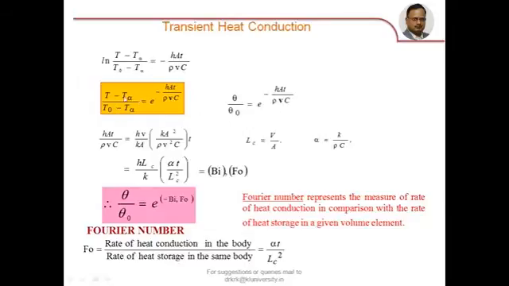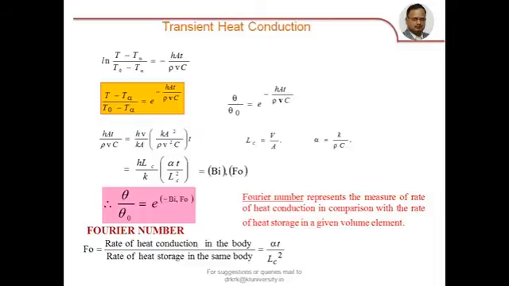This is the equation to determine the temperature within the body at any time t seconds. If you carefully observe this equation, there is no x parameter in this, which indicates that the temperature is independent of x. Because the body is of infinite thermal conductivity, there won't be any temperature gradient.